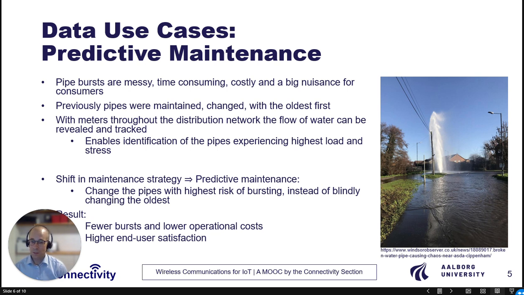When a utility has smart meters distributed throughout the distribution network, not only at the end users but also on the main pipes, it suddenly becomes visible to the utility where there's been high water pressure and a high flow throughout the network. This makes them able to do predictive maintenance because they can estimate which pipe segments have the highest risk of bursting, and then they can target their maintenance resources to these particular segments instead of just blindly replacing the oldest pipes first.